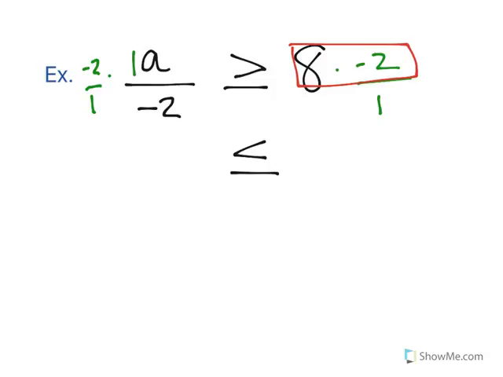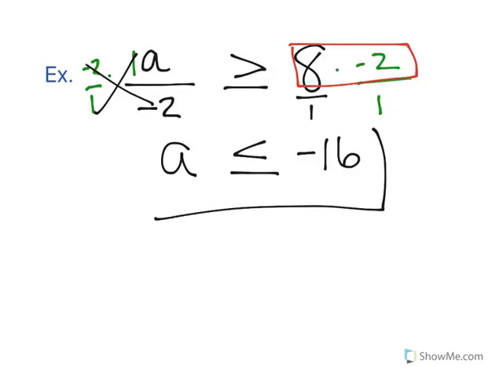So right away, I'm going to flip it around just so I know it's there, and then everything else remains the same. So this crosses out, we're going to bring the a down, and then we can put that one underneath. 8 times negative 2 is negative 16. So my answer is a is less than or equal to negative 16.